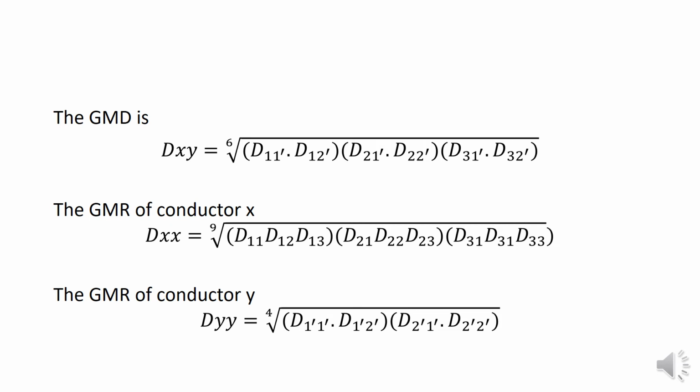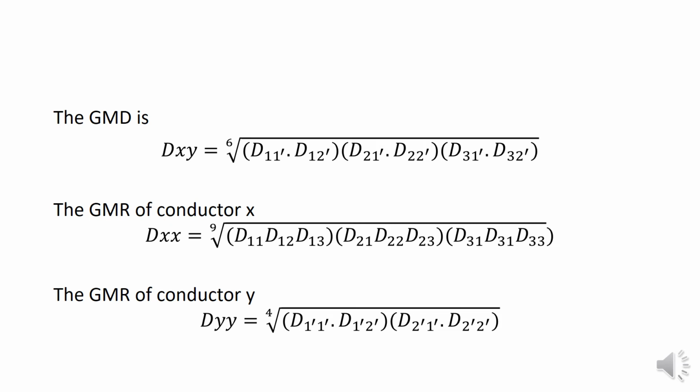So then take the ninth root of that one. Ninth root, that means multiply everything together, then take 1 over 9th index, right? So then you are getting dxx, right? Since we have 3 conductors, we will have 9 things to multiply.